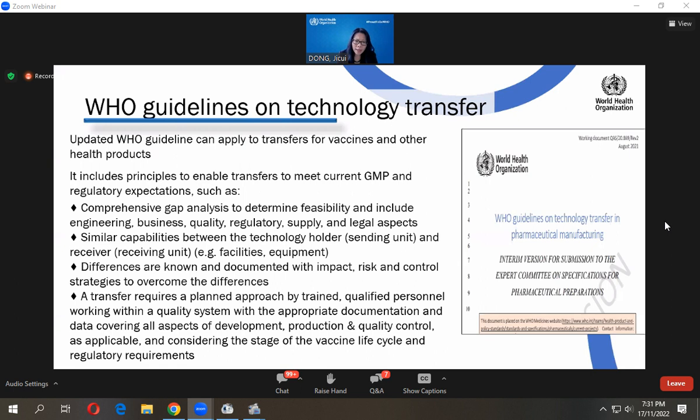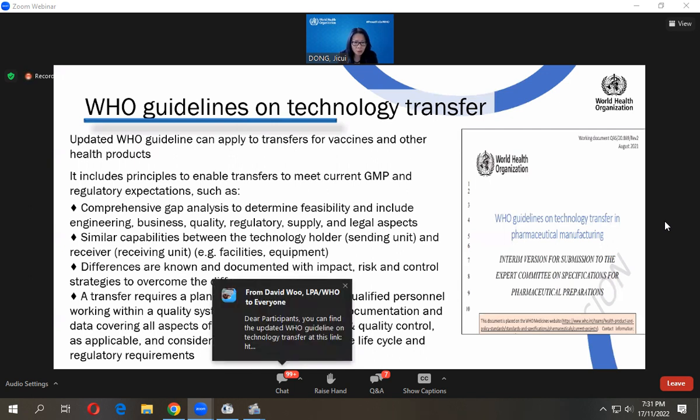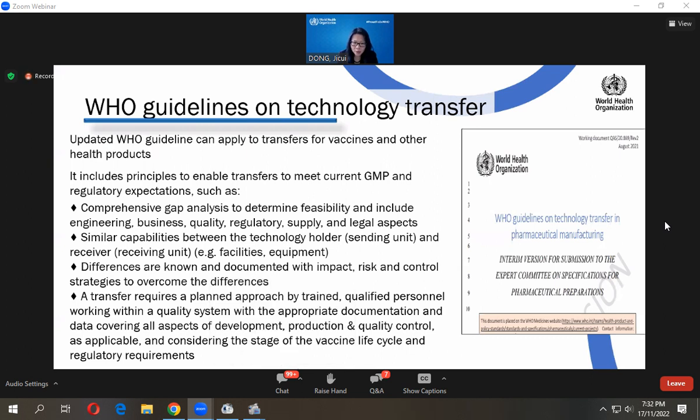So sometimes you want to have an ideal situation, where the sending unit and receiving unit have comparable capacity, but in real life, it's not always like that. But we still have ways to overcome the difference by training, by hands-on training, and all this. Partnership is very important. Why is partnership important?